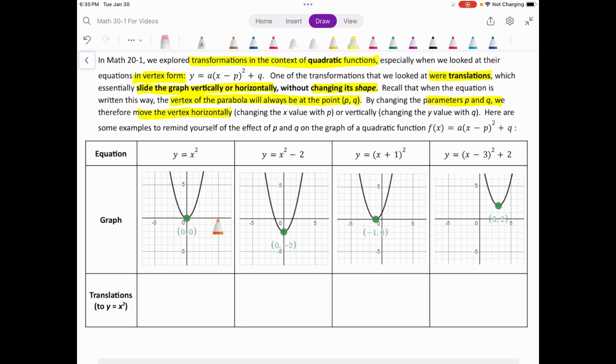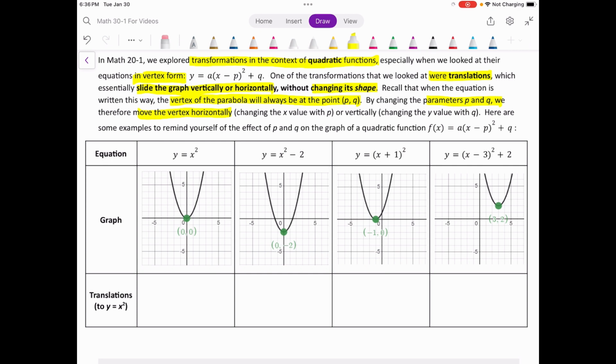If p is 5, it's going to get slid right by 5, and now the x coordinate's at 5. q is going to translate it vertically up or down, okay? And again, the y coordinate starting from 0. So if I slide it 5 units up, the new y coordinate would be 5. If I slide it 5 units down, the new y coordinate would be negative 5, right? So it's the fact that these can be thought of as transformations to the graph of y equals x squared that allows us to be so sure in the first place that that's where the vertex will be.